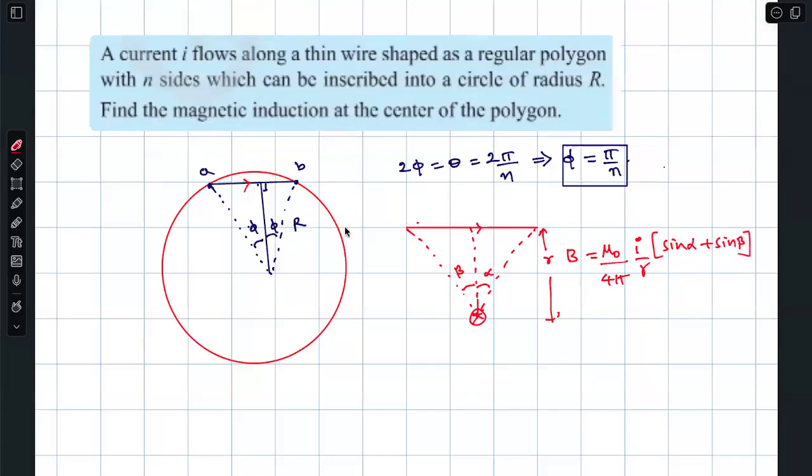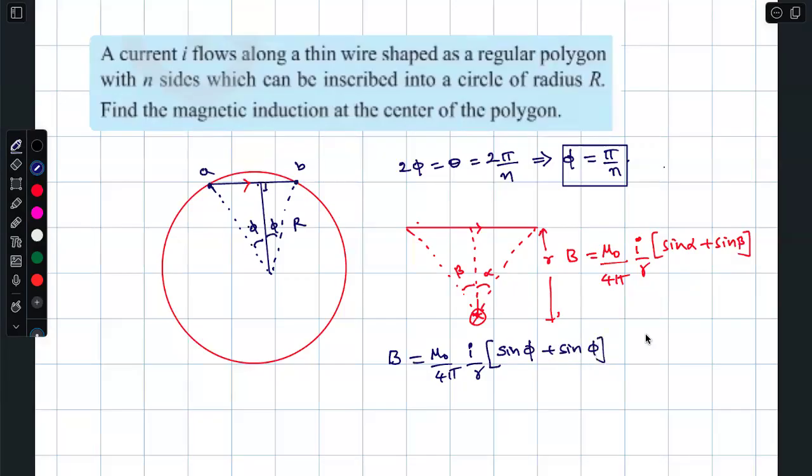In this case also, we can say that the field at this point is B equal to mu naught by 4 pi, I by R. Sin alpha means sin phi, plus sin phi. This will become mu naught I sin phi by 2 pi R, but you don't have R. Here R refers to R cos phi.